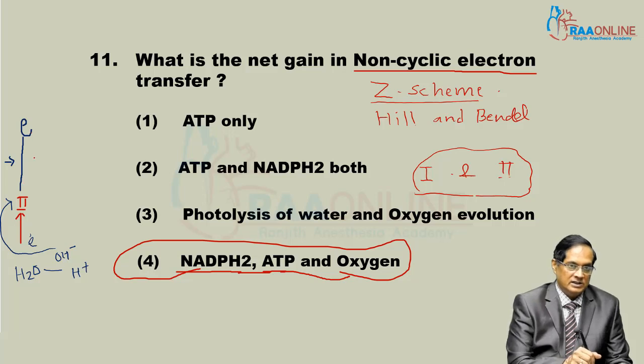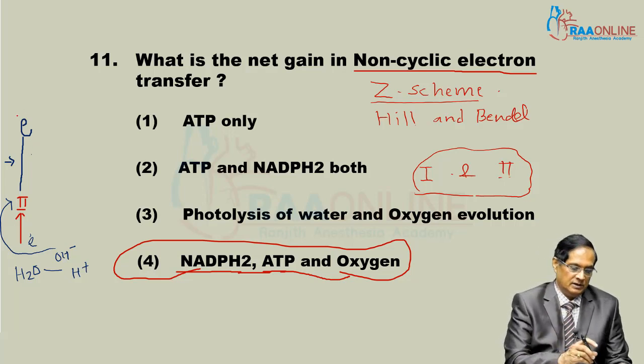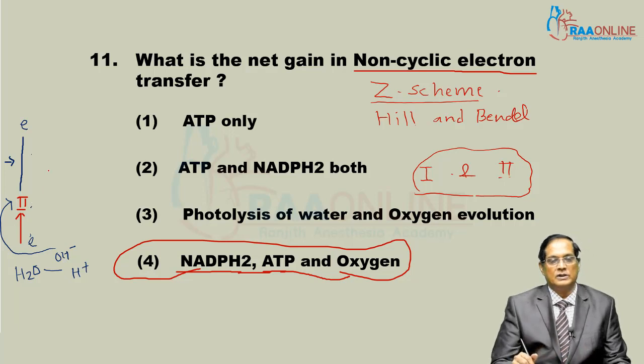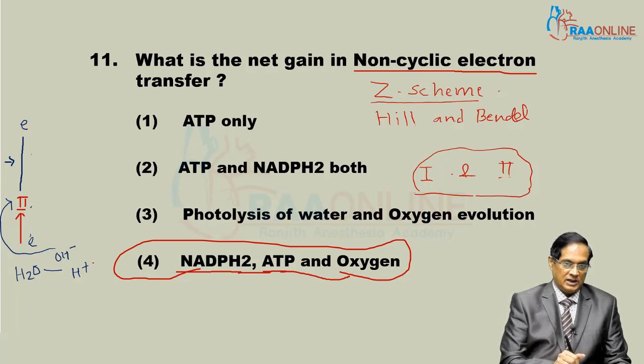Now, the return of these electrons is not possible. These electrons are now utilized somewhere else because the loss of pigment system 2 is also covered by the photolysis of water. Meanwhile, you see hydrogen ions are available.